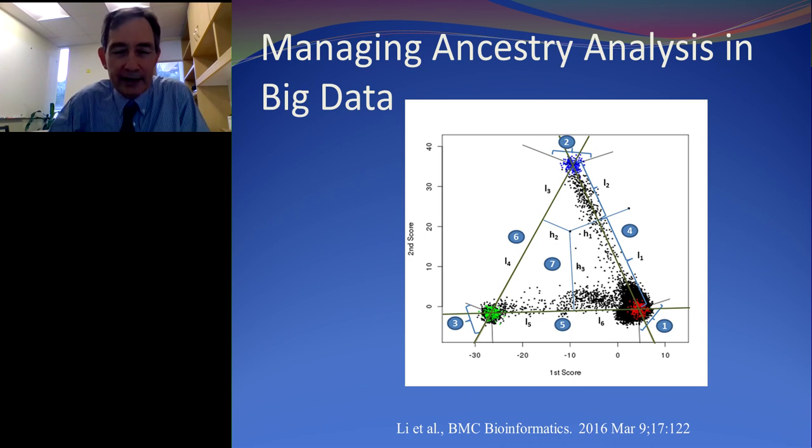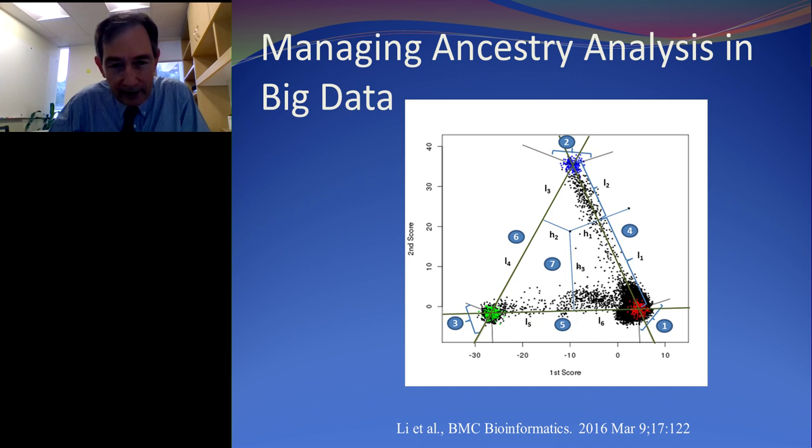We developed a method that's effective to apply across a large study, and what it does is, in this figure, you can see on the lower right-hand side, those are the genotypes projected onto principal components of the European descent individuals.